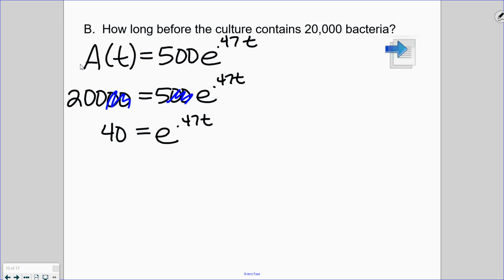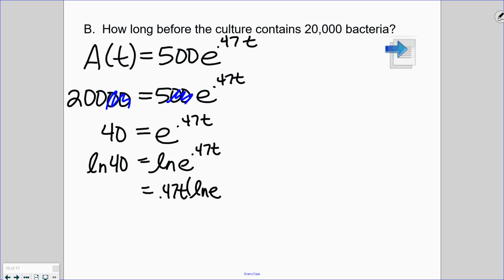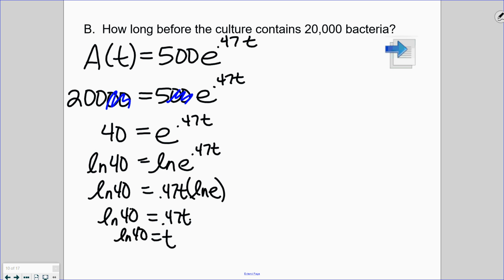So I have this, same thing, we take the ln of both sides. Then the properties of logs say you can take that power and put it out in front of the ln, and then ln of e is 1. So we end up with 0.47t equals ln of 40, and then we divide by 0.47, so we get ln of 40 divided by 0.47.